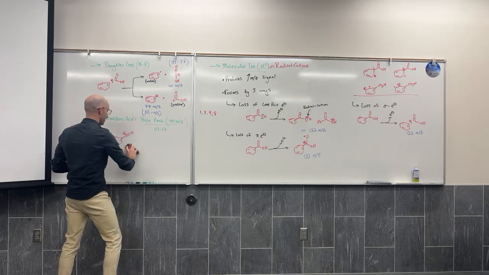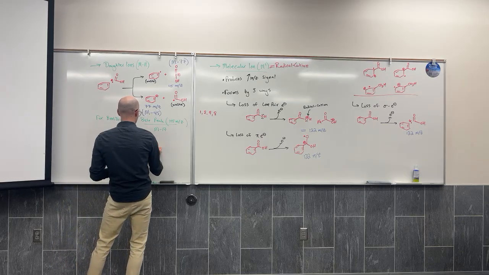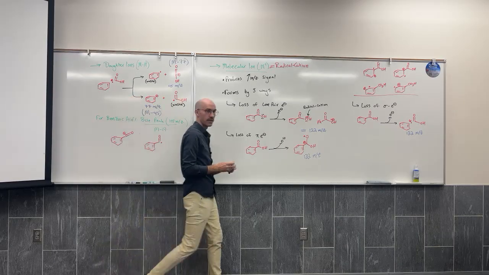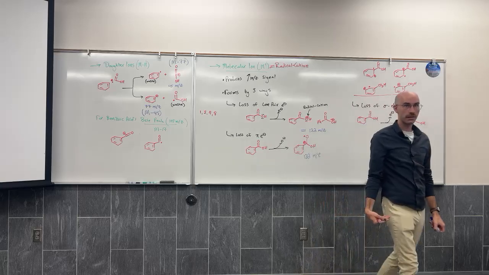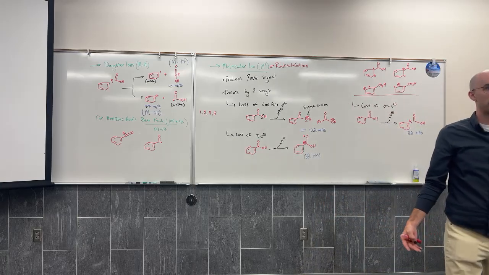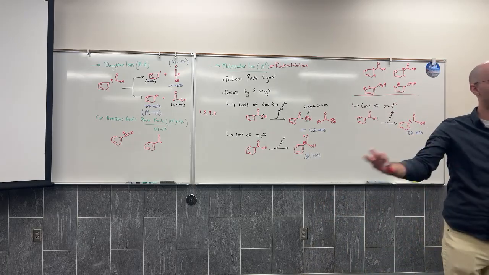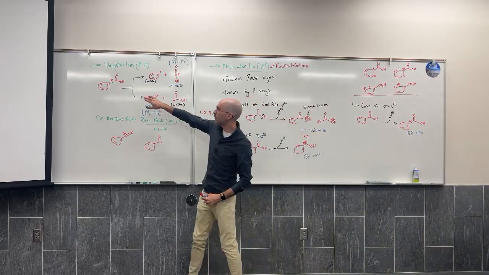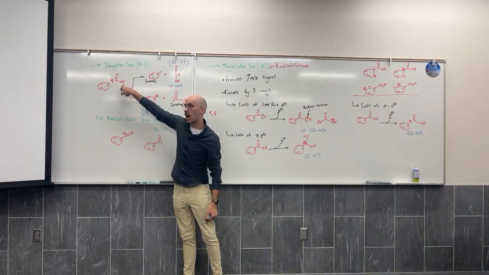So here's the deal. If I cleave off that OH, there's 2 possibilities of what forms. Remember, anytime you cleave a bond, the radical might end up on one side or on the other. So what I've done is I've cleaved the carbonyl to oxygen bond.